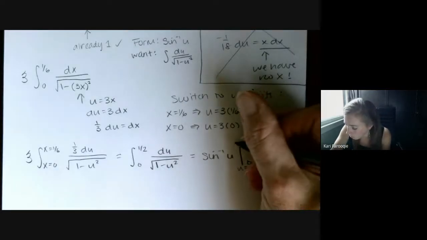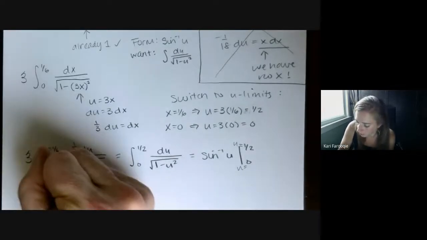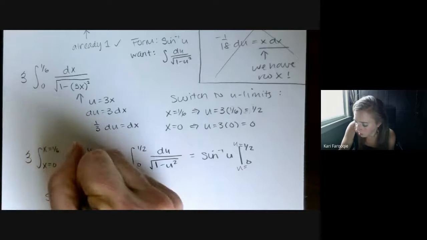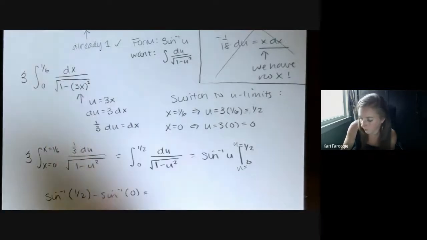U equals 0, u equals 1/2. You just need to know your sine values now, or technically your inverse sine values. So we'll have inverse sine 1/2 minus the inverse sine of 0.